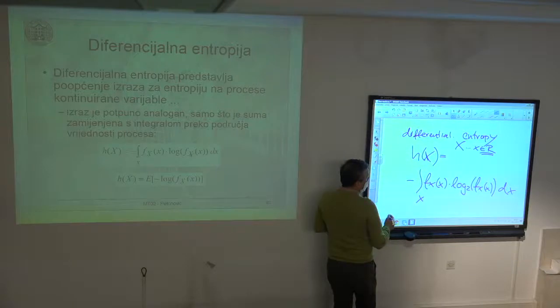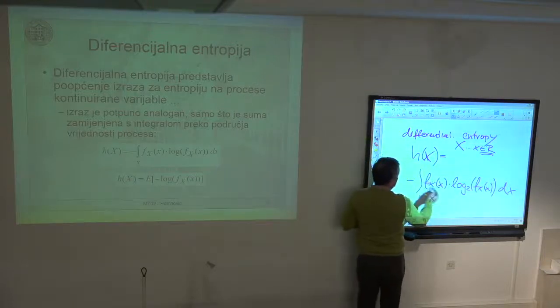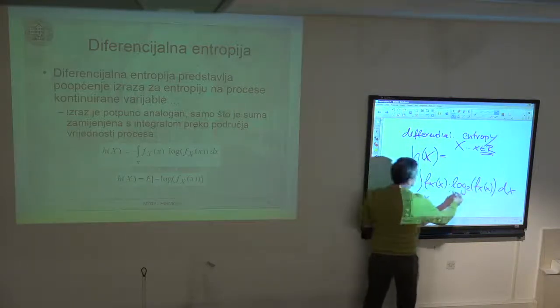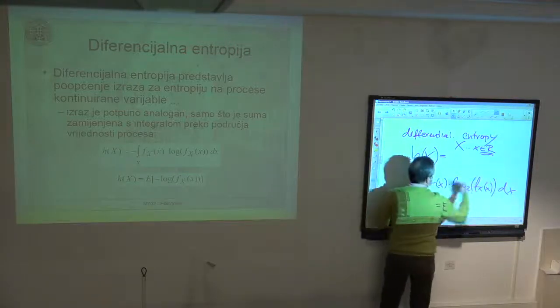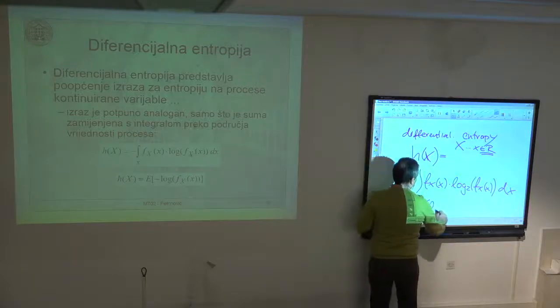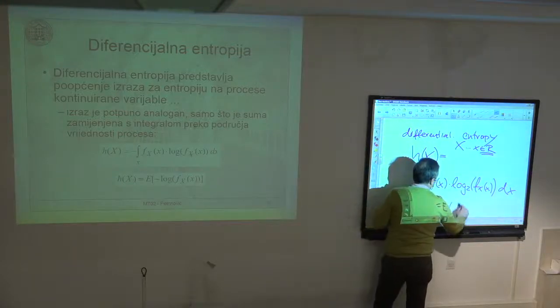And by definition, when I have the integral of fx of x times something, then it is nothing else but the expectation of this something. And the something is logarithm base 2 of fx of x.